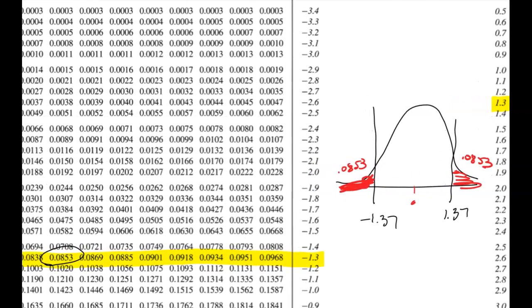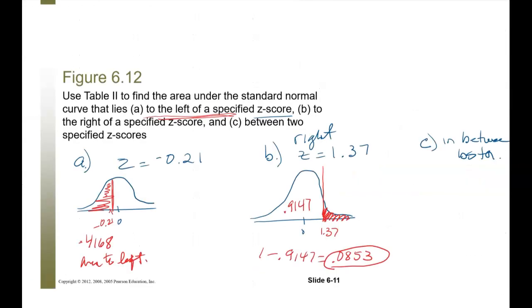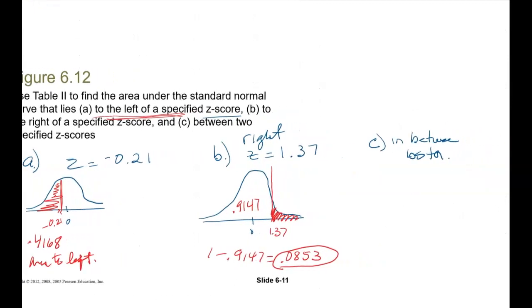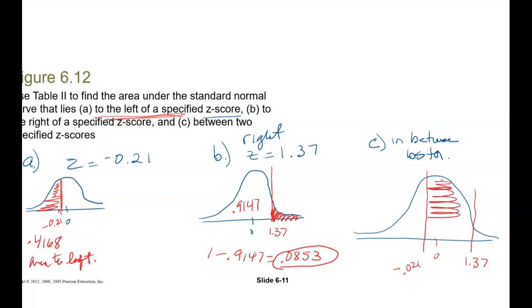But you really need to get a full understanding of how the normal curve works. Now, for part C, I want to go in between two values. All right, sorry, normal curves are sloppy. 0 being in the middle, 1.37 is out here, and negative 0.21. I literally want just this area, okay?